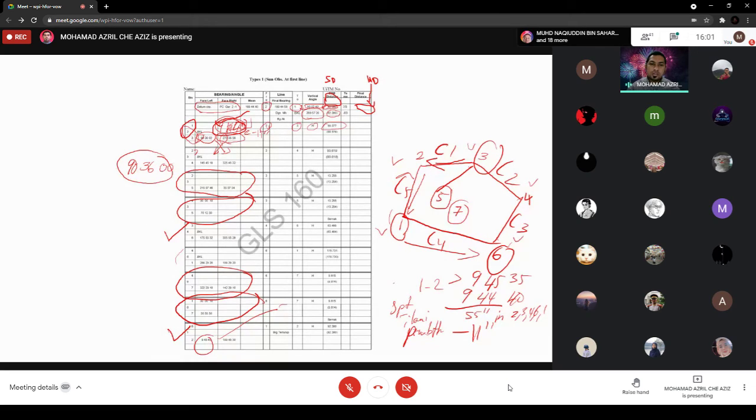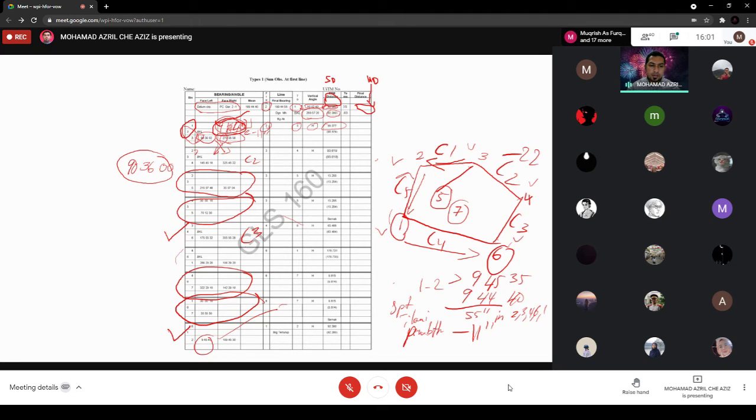Okay, so C1 here, C2 here. So C2 will become negative 22 seconds. C3 here will become negative 33.